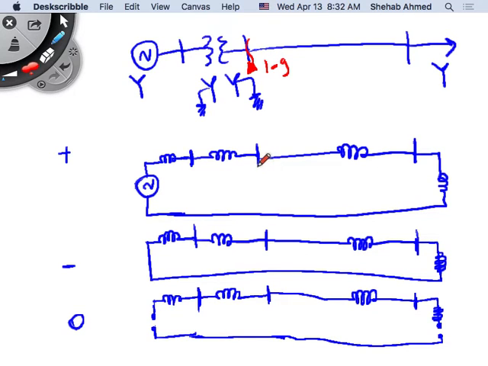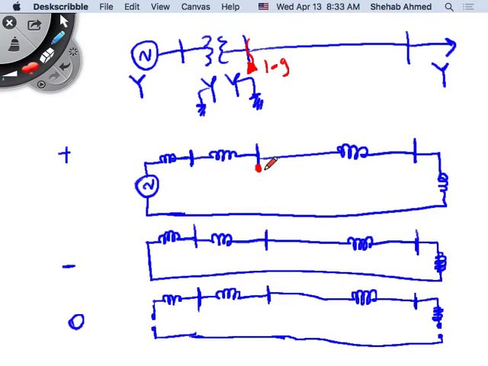Remember, this is the single phase or single line representation of a three-phase system, right? Or this is the single phase representation for the positive sequence of phase A, for example, and it's also the single phase representation of the positive sequence of phase B, right?